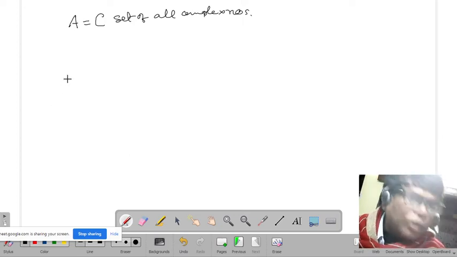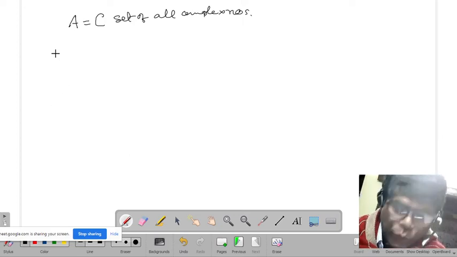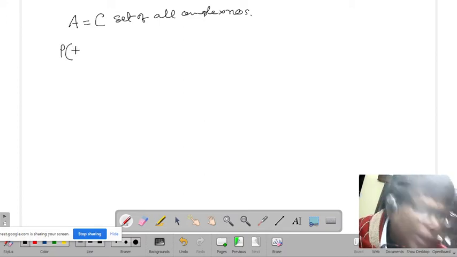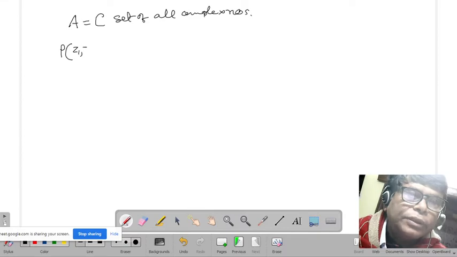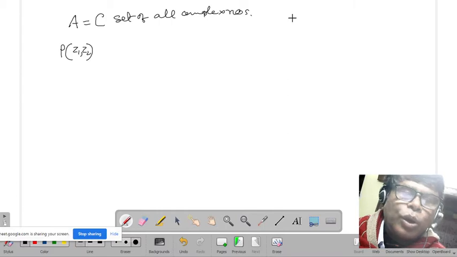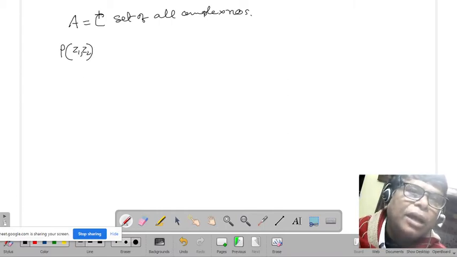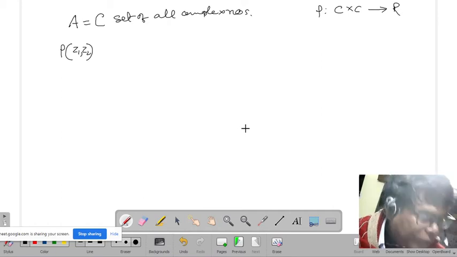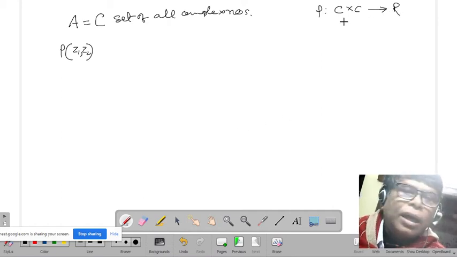Now let us define the rho in this manner: rho of say z1, z2. Z is a complex number, so all the z belong to C, and this rho is a map from C cross C to R. So the action of rho on z1 and z2 should be a real number.